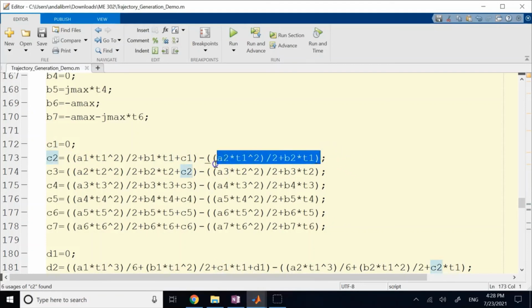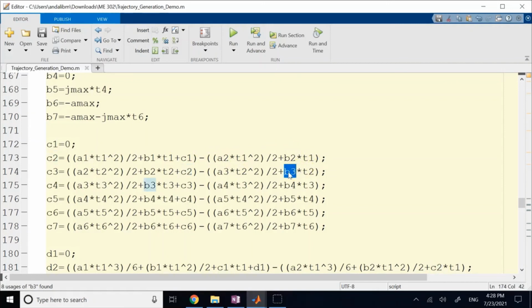So if you bring this whole thing to this side and add it to C2, it means exactly what? It means that Q1 dot at T1 is the same as Q2 dot at T1.